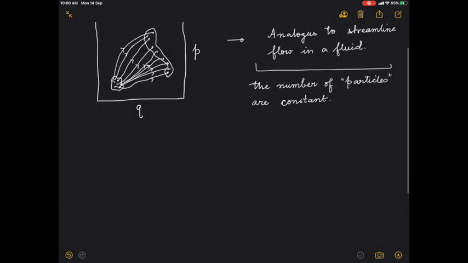This is true for electrodynamics also, where you are talking about particles as charges. And from fluid mechanics we know that this statement gives rise to the equation of continuity.